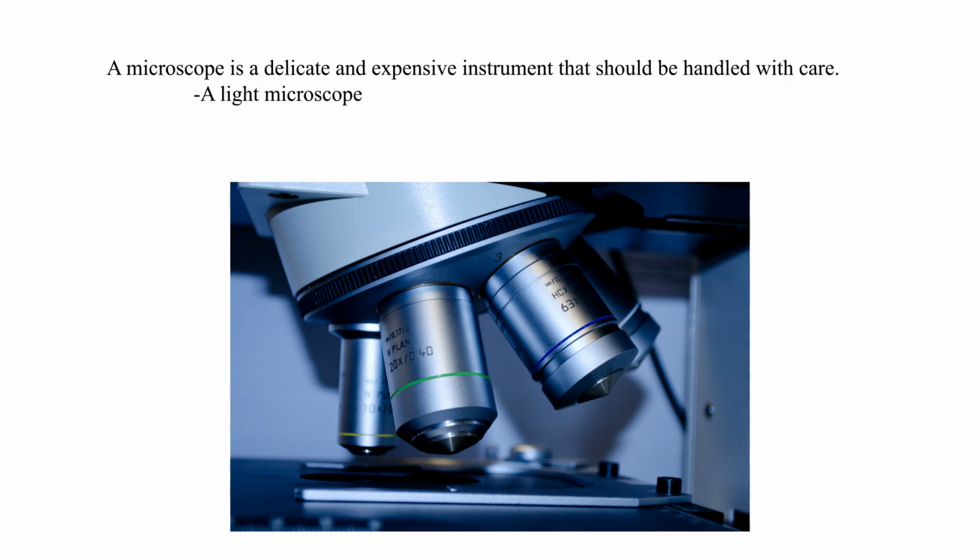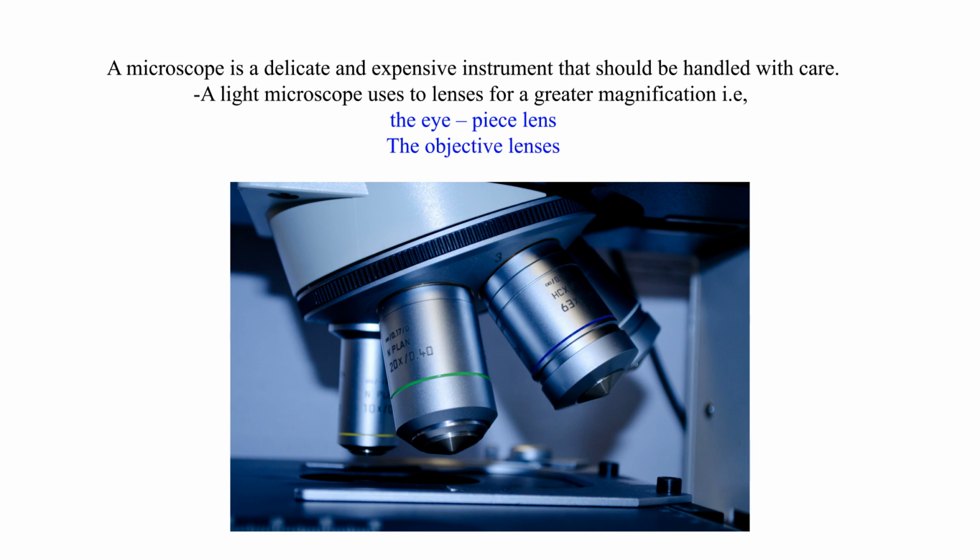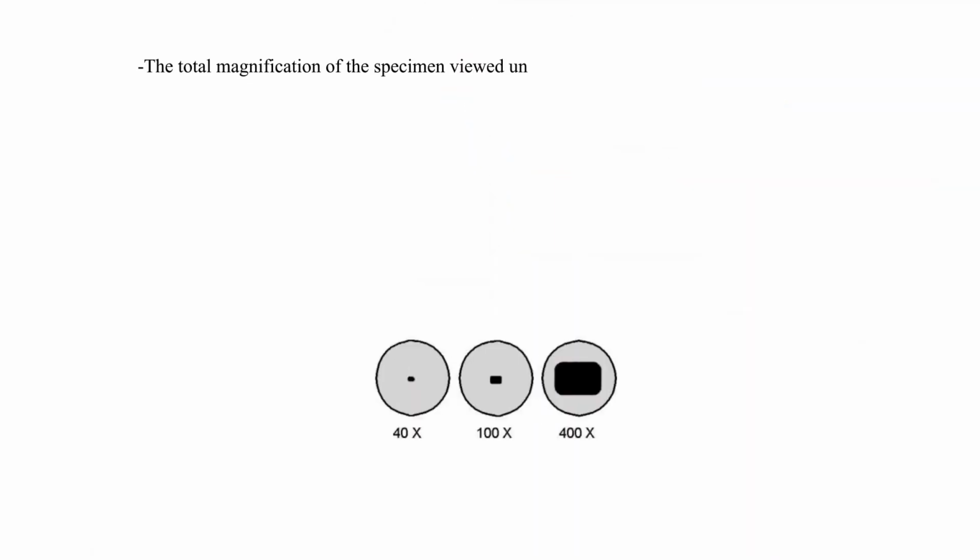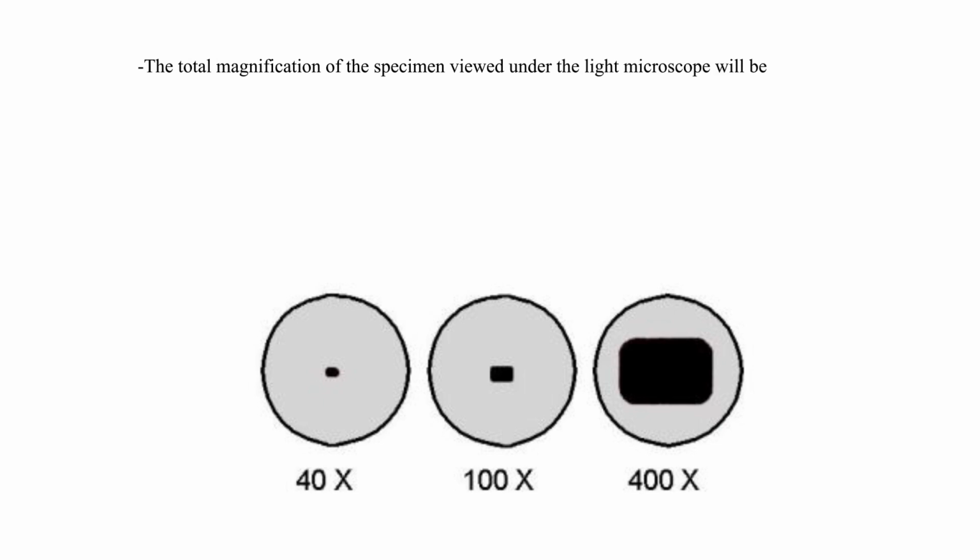A light microscope uses two lenses for a greater magnification, that is, the eyepiece lens and the objective lenses. The total magnification of the specimen viewed under the light microscope will be given by: magnification equals eyepiece lens magnification times objective lens magnification.